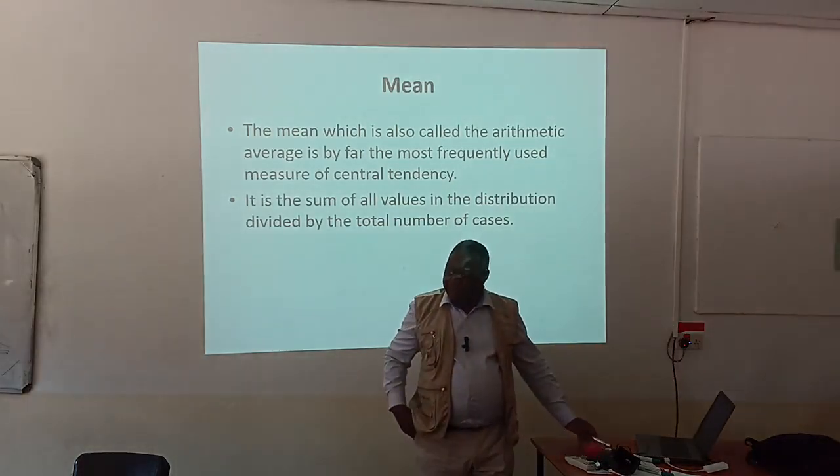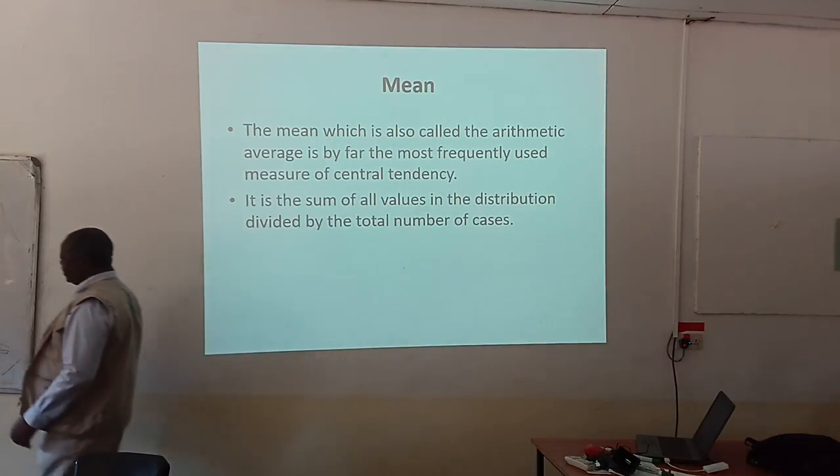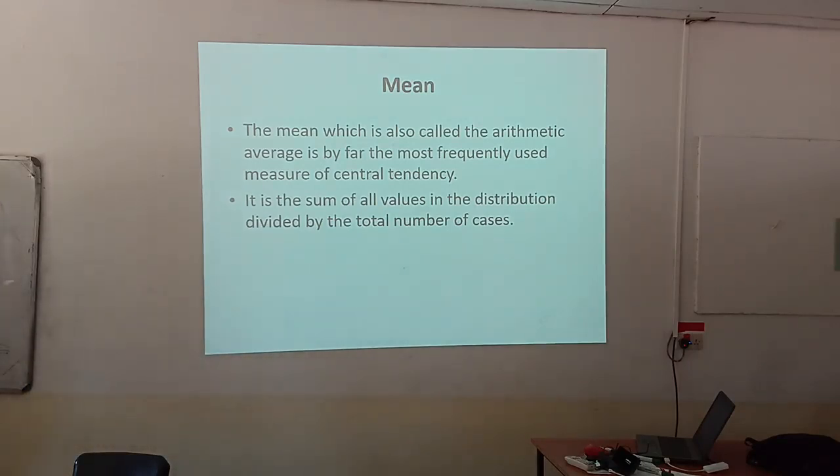It's the most loved index in statistics, and that is the mean, which is the sum of x divided by n. I think I gave you this formula last time, right? The mean is normally represented by x bar. If you see x bar, you know that we are talking about a mean.